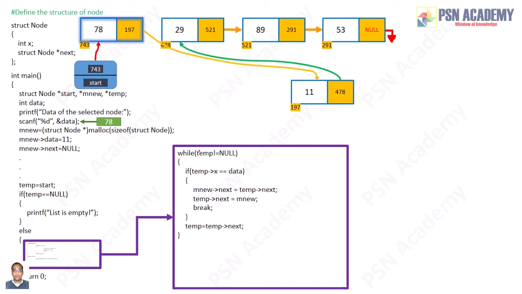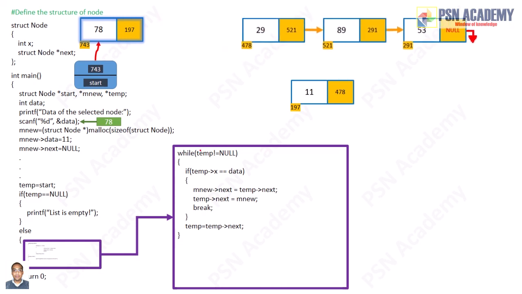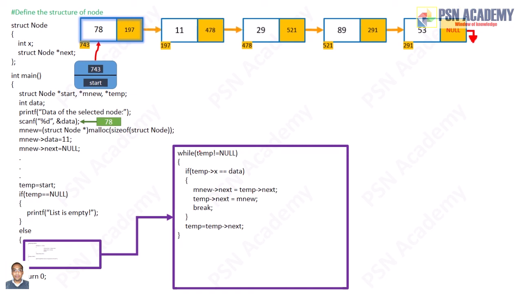So we clean it up a little bit and it will be looking like this. So we have got this new node here. Now we want to give one more check here. That suppose the user enters some data which is not present in this list.